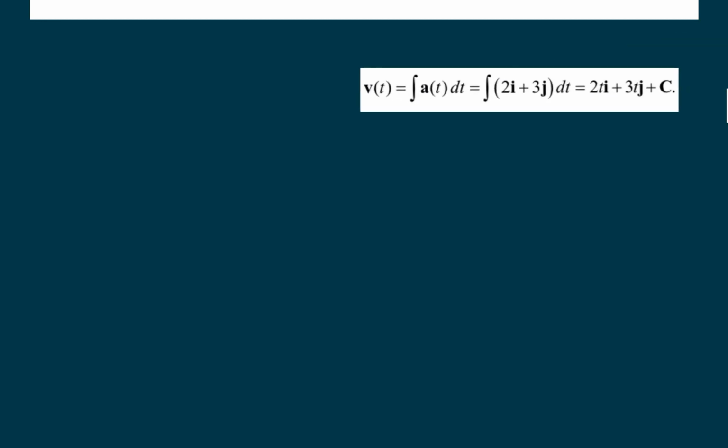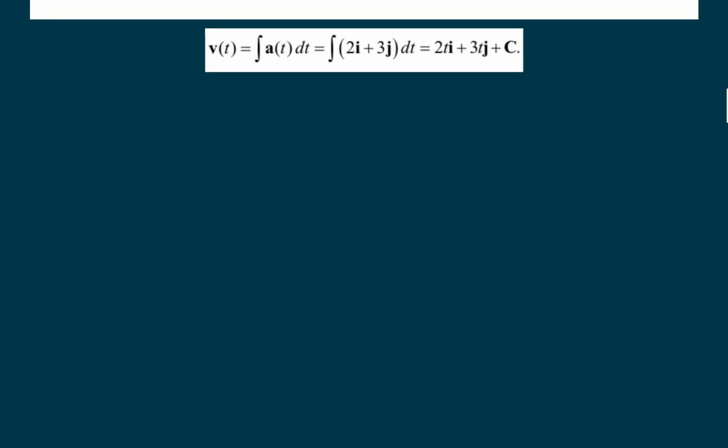So the first step is to find v of t. We find v of t by doing the integral of a of t dt. Plugging in a of t, the vector velocity will be 2ti plus 3tj plus a constant c. Next step, find c.